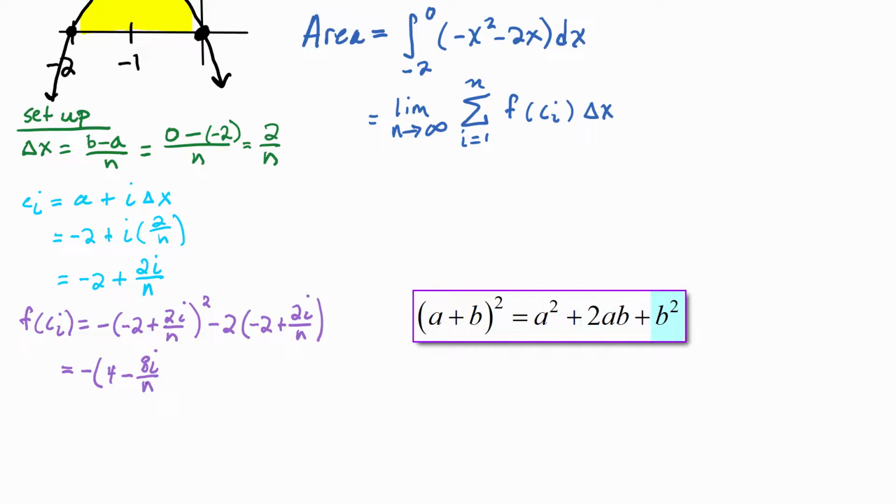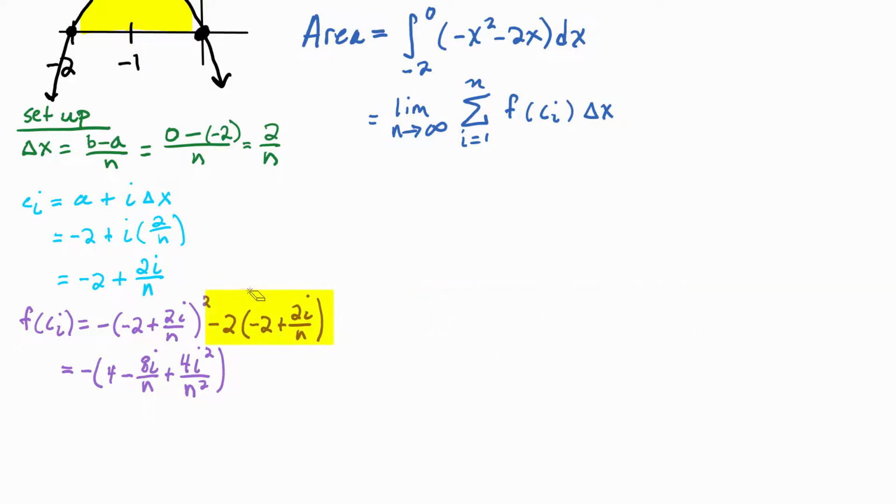The last term squared would be plus 4i squared over n squared. Now we have to distribute this -2 into this binomial. So we would get plus 4 and minus 4i over n.